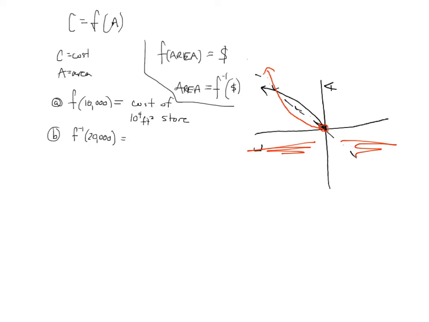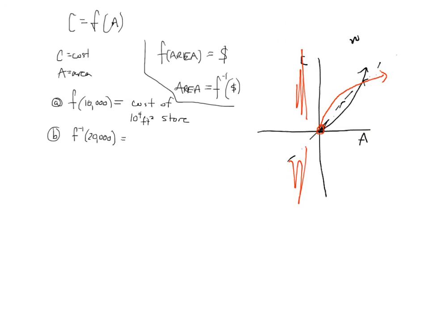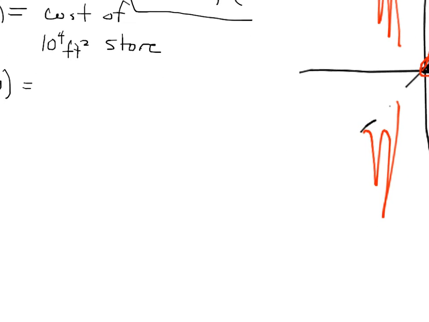But the inverse takes as its argument cost, right, and outputs area. So the inverse needs to be graphed on not these axes. That makes sense? Yeah.